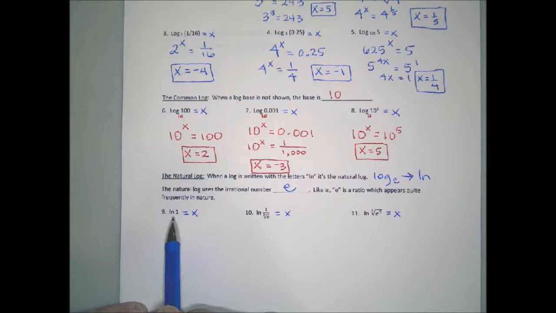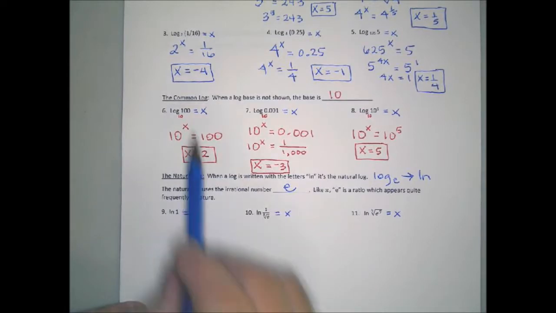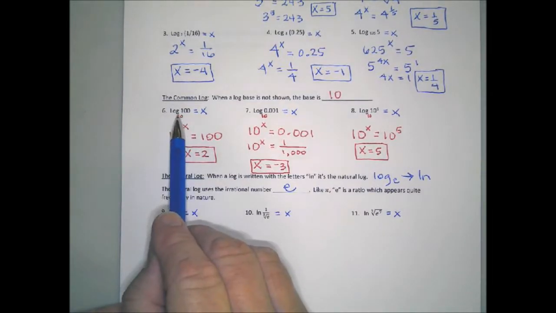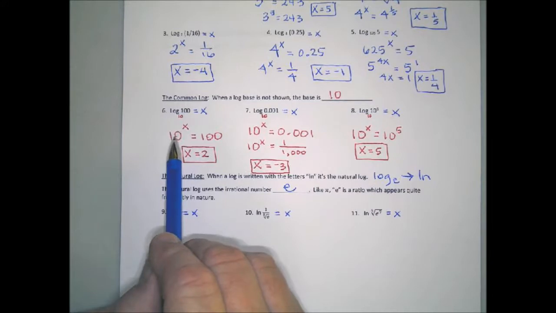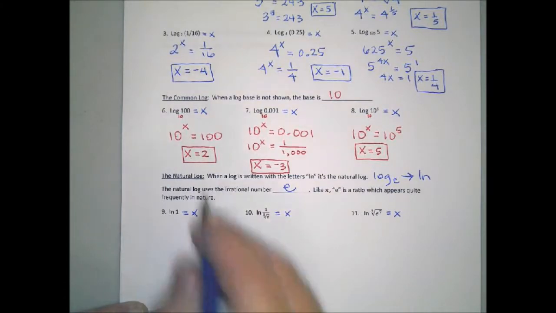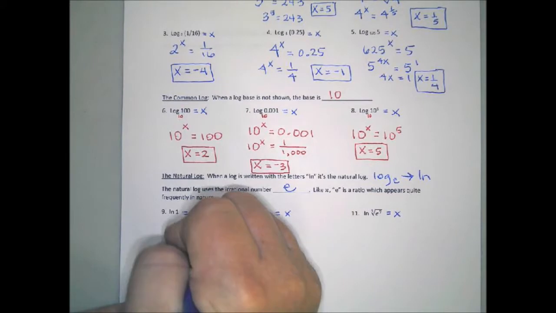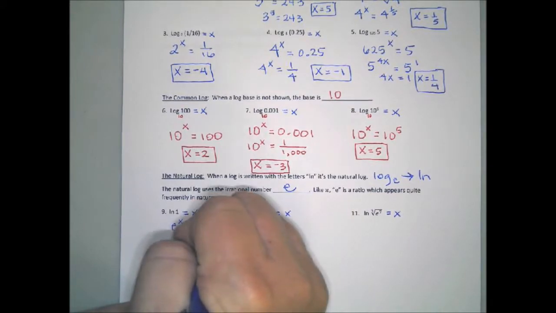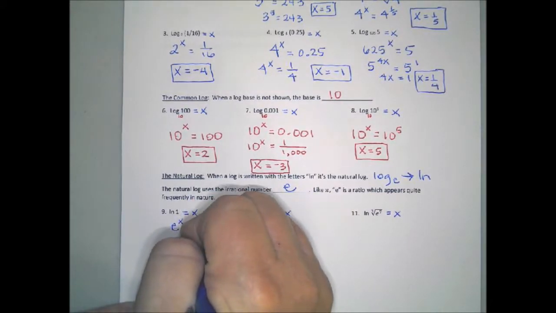Now, there's just one little trick right here. Remember on the ones up here, there was no number, and when we went into exponential form, the base became 10. All of a sudden, that invisible number became visible. Well, on this one, it's not a 10, it's an e. So in exponential form, this looks like e to the x equals 1.